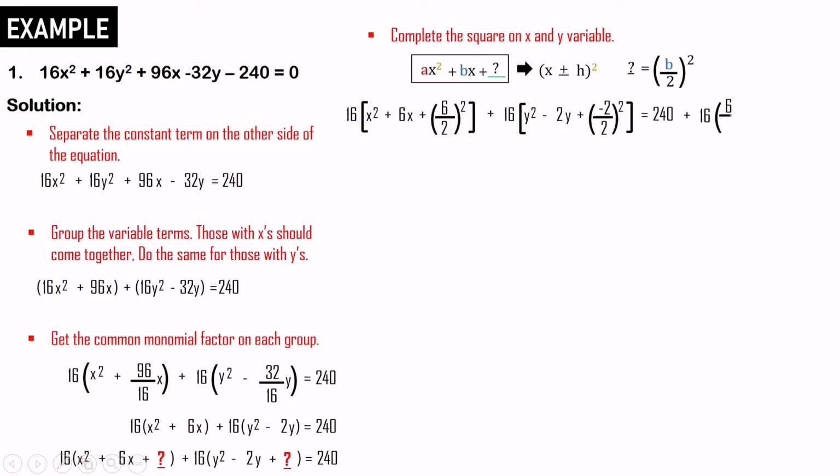6 over 2, ayaw kalimti, squared, plus nasa tagidugang diri. No, diri na side. Kani, i-distribute gihapon ni siya ang 16. So, may mo na siyang plus 16 times negative 2 over 2. Ayaw kalimti ang squared.